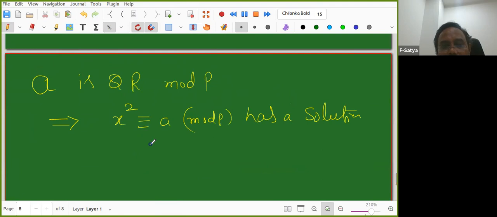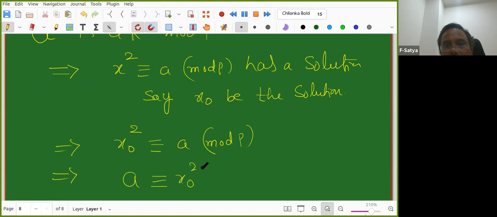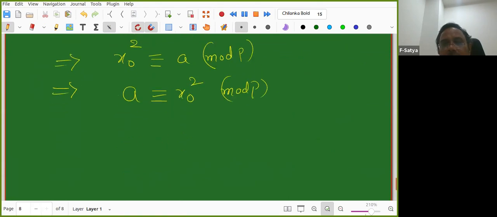So let us say the solution is x naught. That means x naught squared is congruent to A modulo P. This is also the same as A is congruent to x naught squared modulo P, since congruence is symmetric, an equivalence relation.